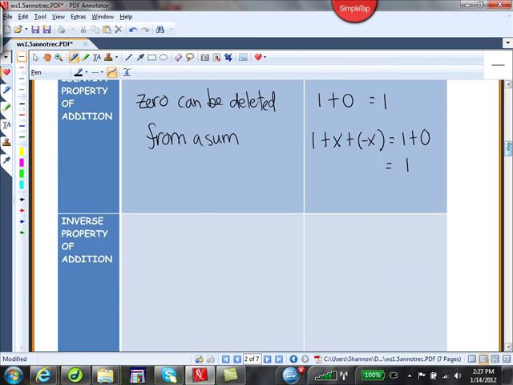Okay. So here we go. The inverse property of addition, we actually illustrated it above in that second example.